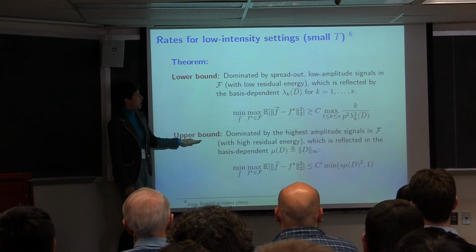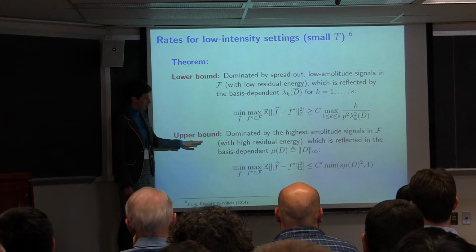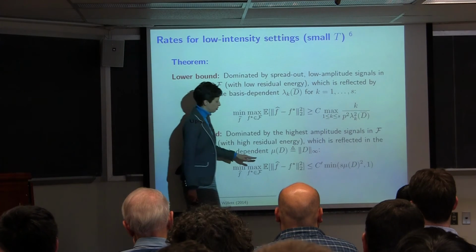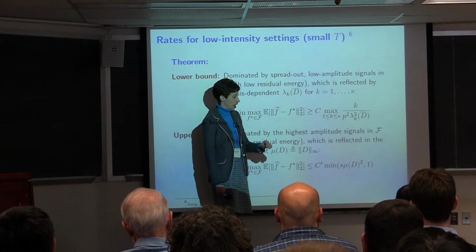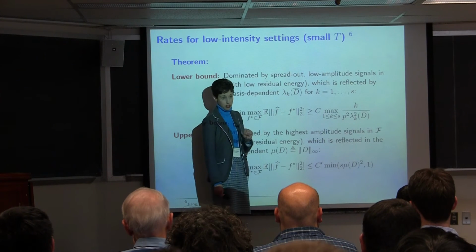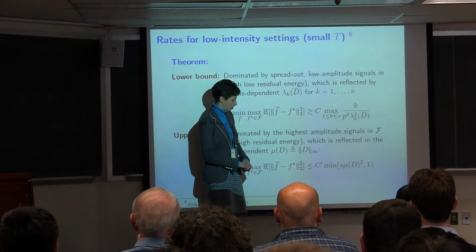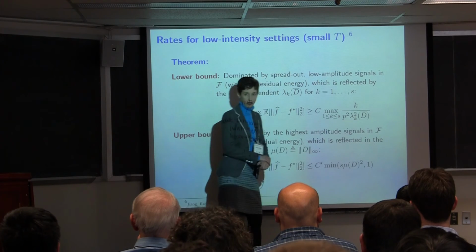And our upper bound in this small intensity regime is slightly different, and it is controlled by a parameter mu, which corresponds to the highest amplitude basis vector in our sparsifying basis, times our sparsity level s.